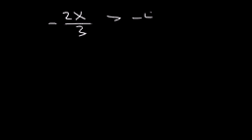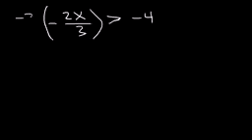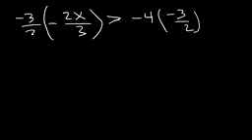Try this one. 2x over 3 is greater than negative 4. Solve the inequality. So in this example, we got to multiply both sides by negative 3 over 2. So the 3's will cancel, and the 2's will cancel.